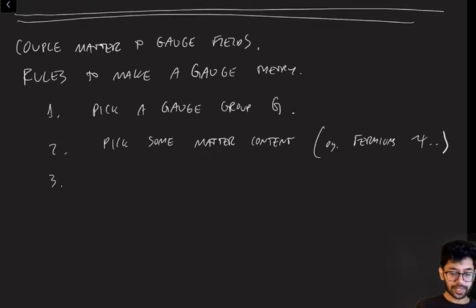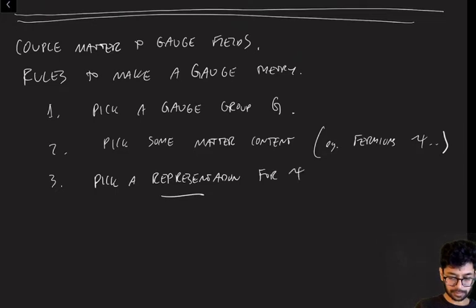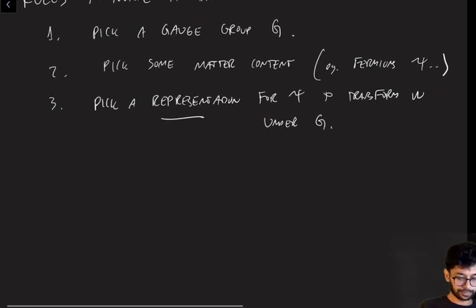And step 3, pick a representation for the matter to transform in under G. And then just write down the action.